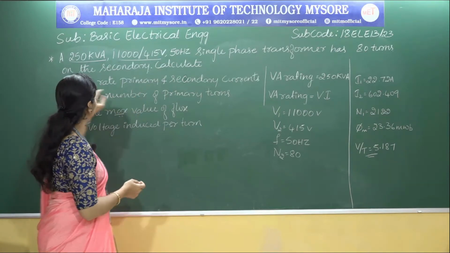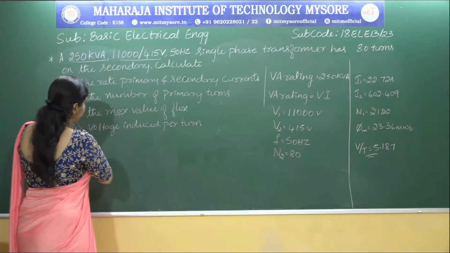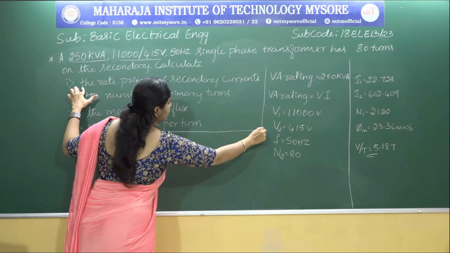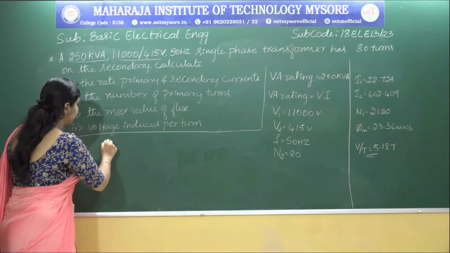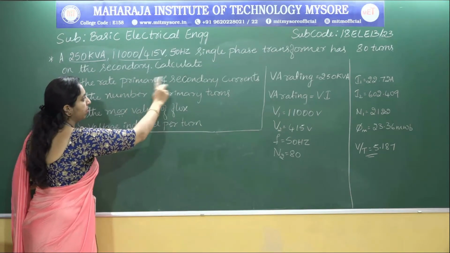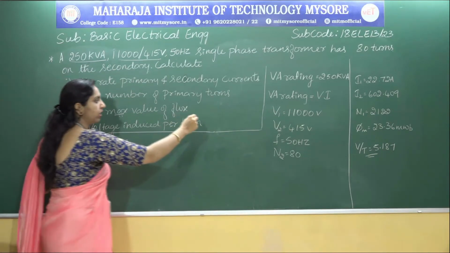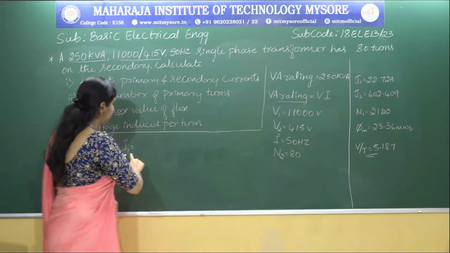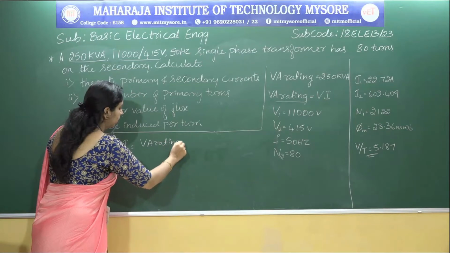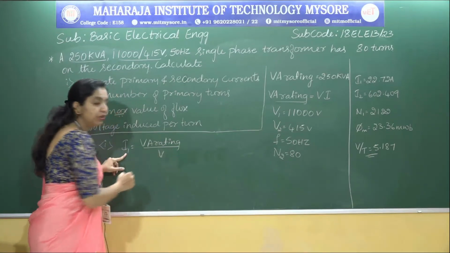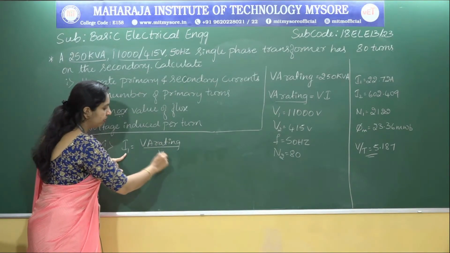Now we need to calculate what? In the first case, the rated primary and the secondary currents. To find the primary and the secondary currents, as I have already told you, VA rating is equal to V into I. So I is equal to VA rating divided by V. Since we are calculating the primary current, I1 is equal to VA rating divided by V1.